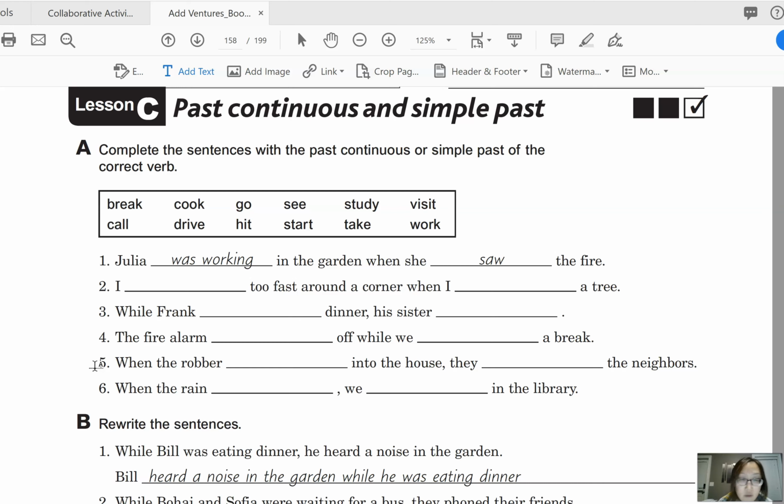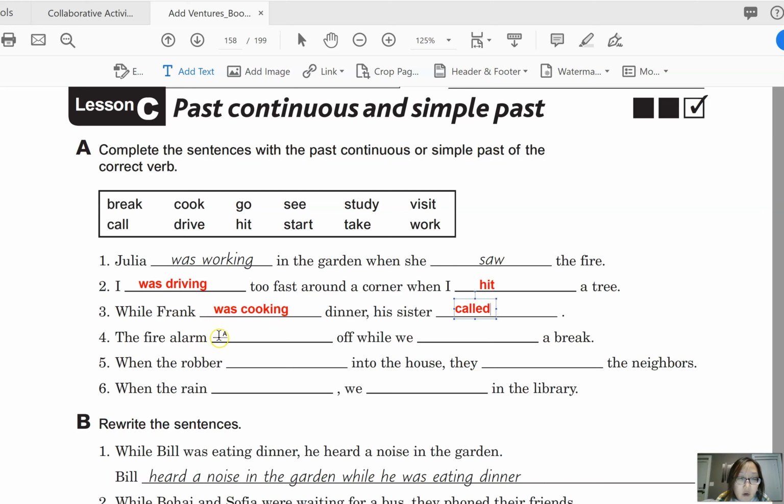Okay, so let's take a look at number 2. Okay, so we can say, I was driving too fast around a corner when I hit a tree. Okay, and then number 3, while Frank was cooking dinner, his sister called.